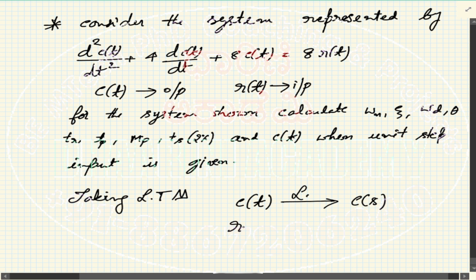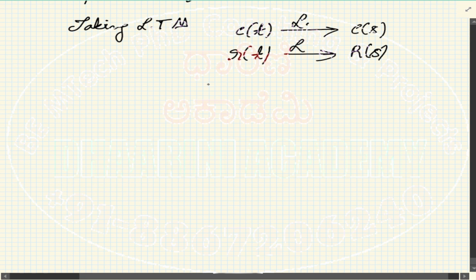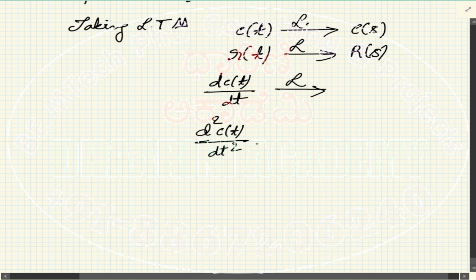Let's assume that r of t, which is in the time domain, has the Laplace transform R of s. Now I need to write what happens to the dc of t by dt, and d square c of t by dt square, take its Laplace, what happens?